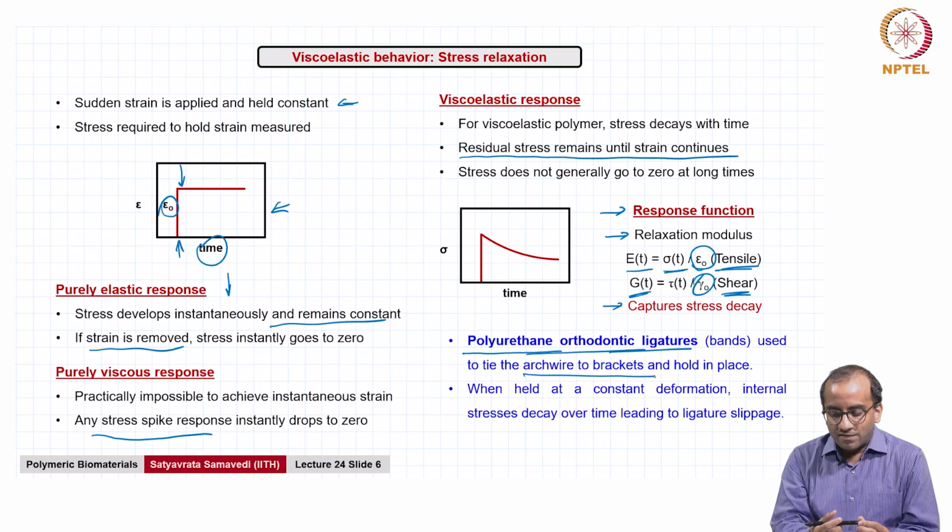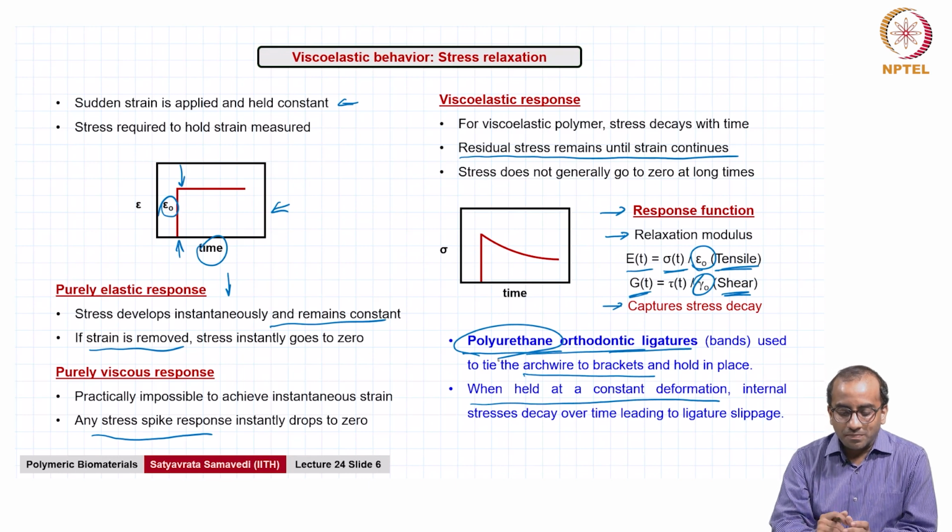But if you have some aesthetic preference, you can opt for polyurethane and get colored ligatures or bands that hold the arch wire to brackets. And when held at a constant deformation, the internal stresses can decay over time, leading to ligature slippage. Right? So that's one manifestation in a biomedical context for a polymeric biomaterial undergoing stress relaxation over time in response to a constant applied deformation.